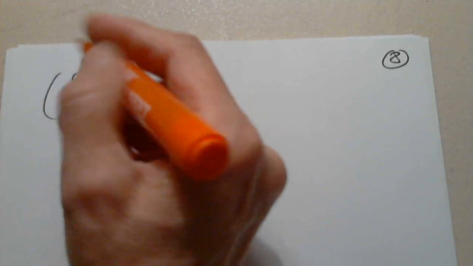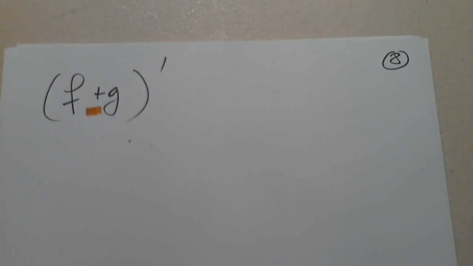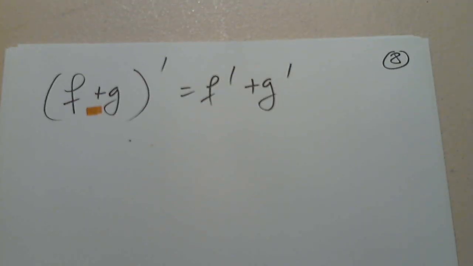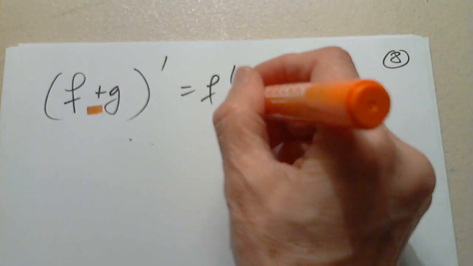So when we differentiate a sum or a difference, so a function plus another function prime, or a function minus another function prime, we differentiate each function by itself. So this is f prime plus g prime, or of course, if it's minus, it's minus.